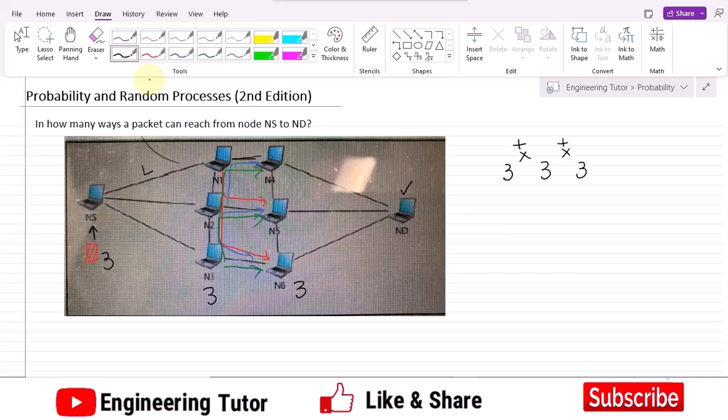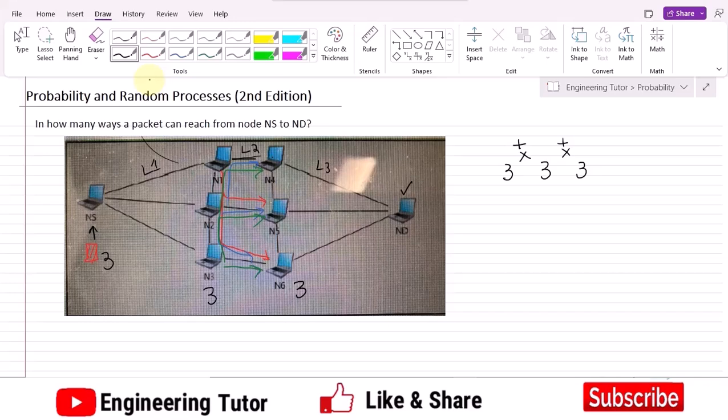Okay, so let me call it L1 and this L2 and this is L3. So clearly when it comes here, it will select L1 and L2 and L3. It's not possible that it will select L1 or L2 or L3. Okay, so as it has to select all the paths, or it will have all the options here, here and here and here.